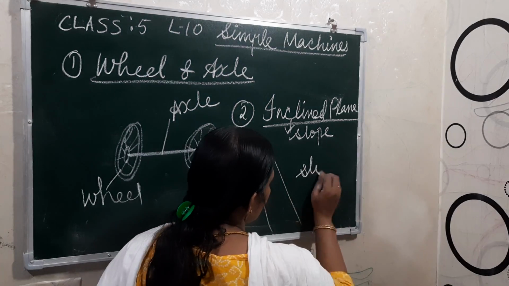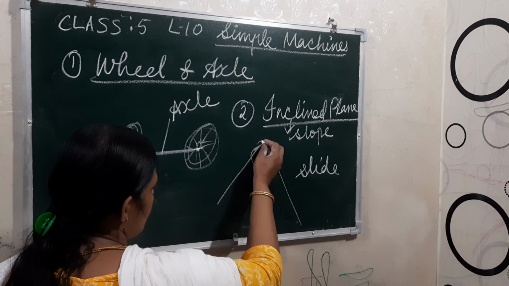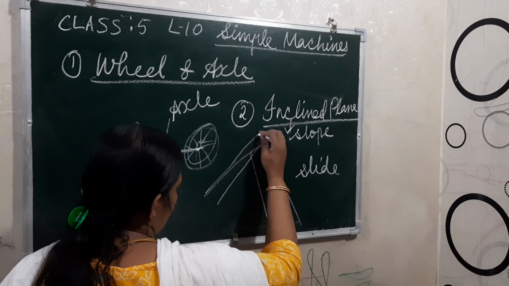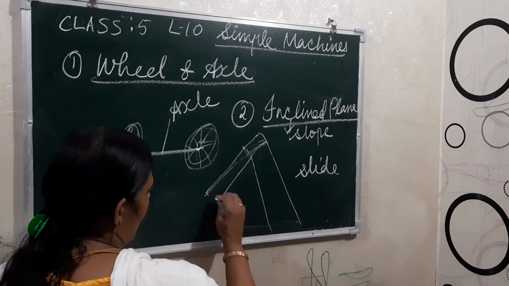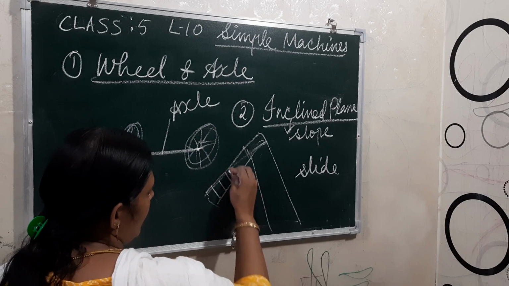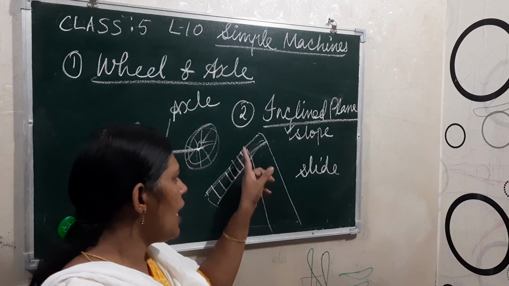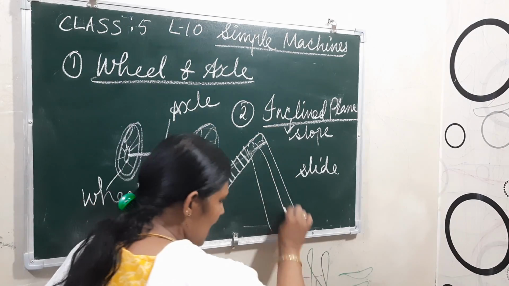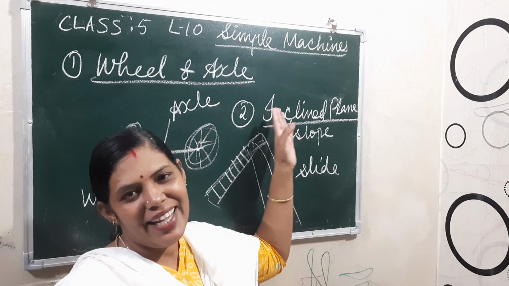In that slide there is a ladder, and through the steps you climb up, and from here you sit and slide down. That is an example of an inclined plane.